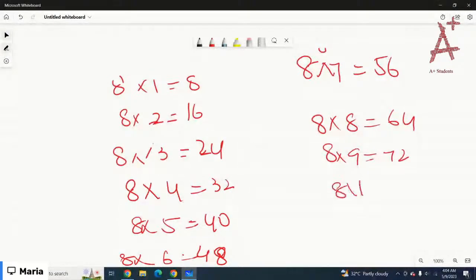And 8 times 10 is 80. That means you guys don't know the table of 8, so please make sure you are perfect with the table before the next session.